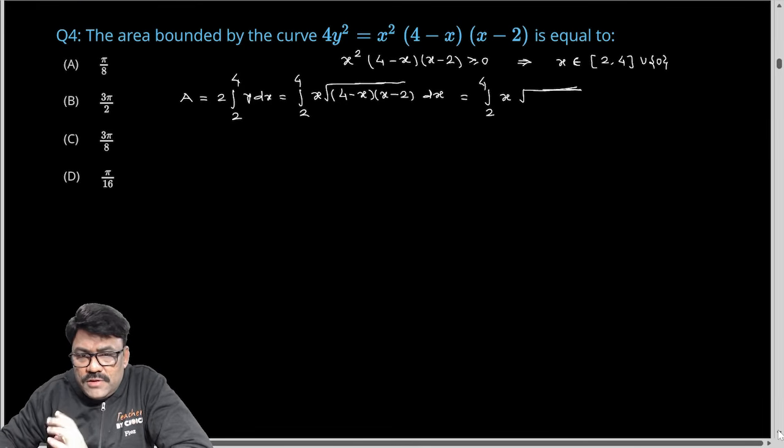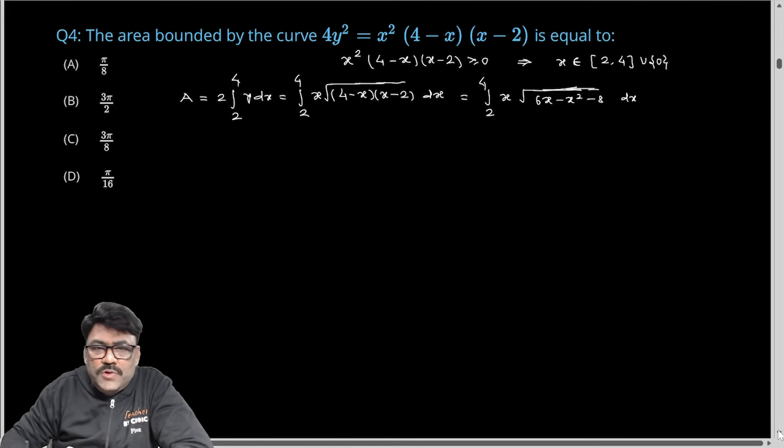If you multiply inside the root, you will get 4x, 2x, 6x − x² − 8, dx.